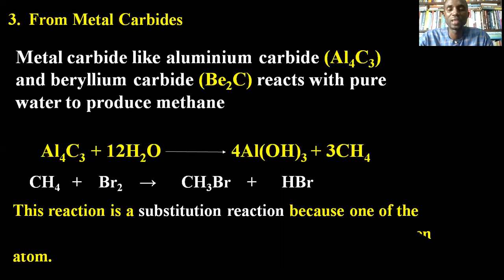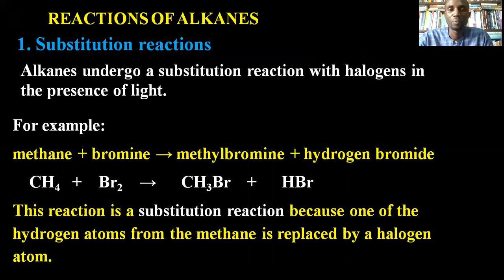Now we'll be taking the chemical properties, which are the reactions of alkanes. Reactions of alkanes are just like saying chemical properties of it. Number one, the unique chemical property or reaction of alkanes is the substitution reaction.